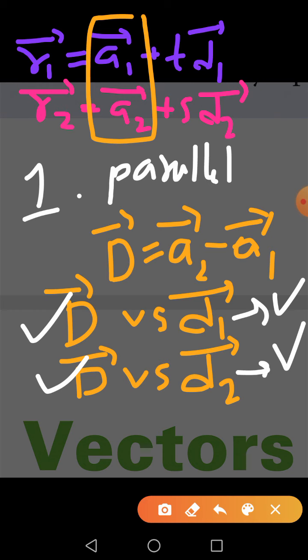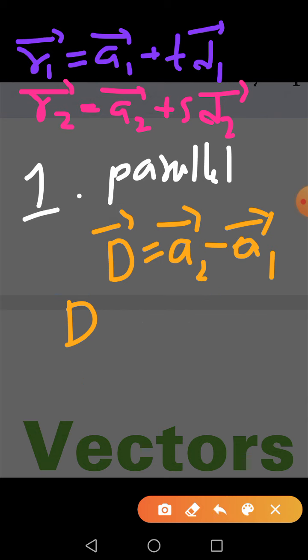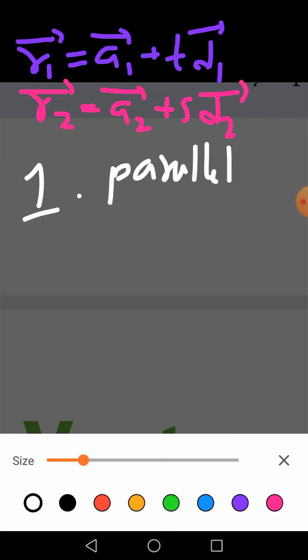Let me tell you the logic behind it. Let me draw two lines which are the same straight line. For example, this is one line, this is another line.